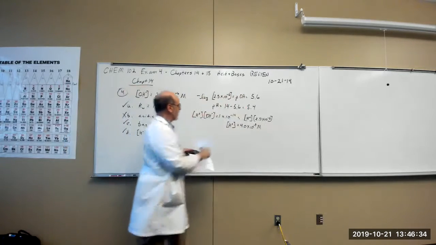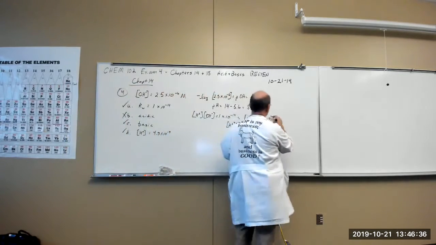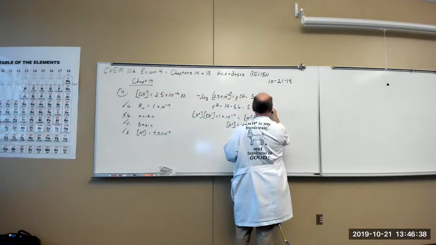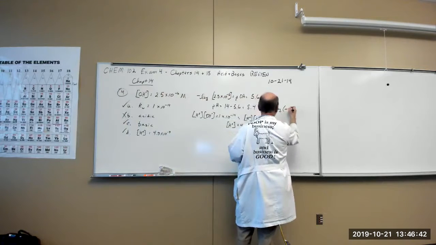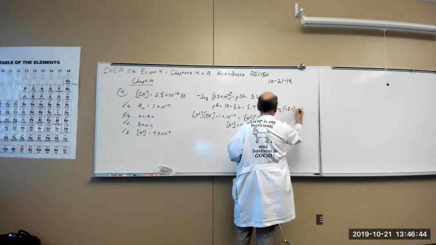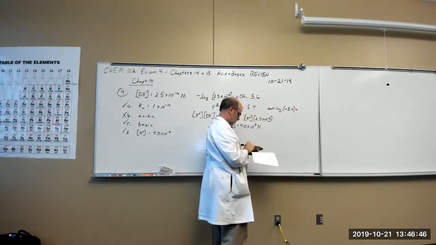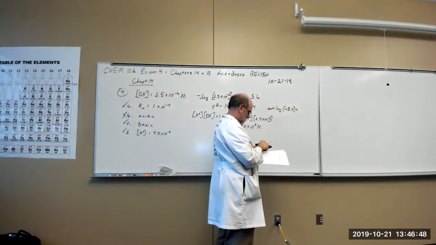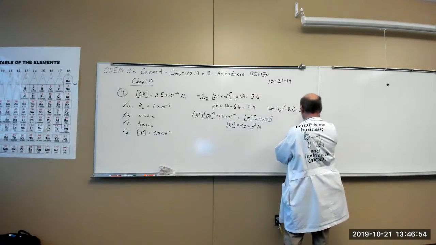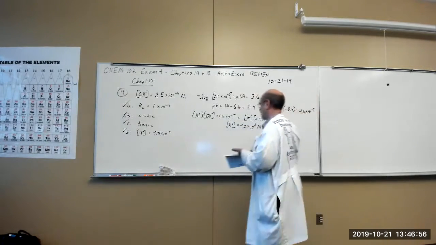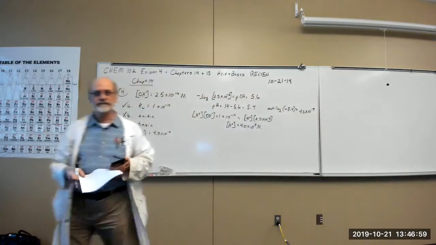But what if we do the anti-log of this one? So the anti-log of negative 8.4 equals what? That's, let's round it off, times 10 to the minus 9. So either way works.